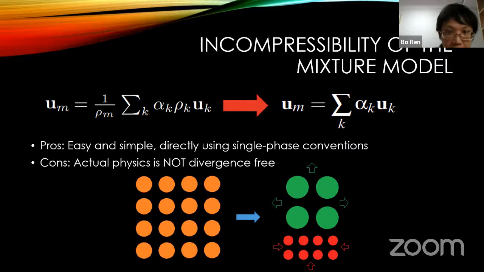So let me show this toy example. Say we have two phases, a green phase and a red phase. The green phase has a smaller density, and the red phase has a bigger density. And all the fluid is still.